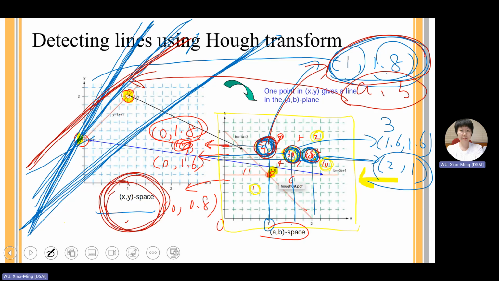So that's how we identify the line equations. We identify the cells that receive the most counts, and for those cells, we identify their corresponding AB coordinates, which are the parameters of the line in the XY space. Clear? So that's how we do Hough transform.